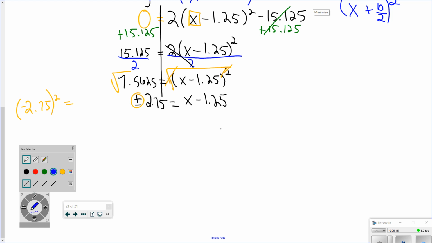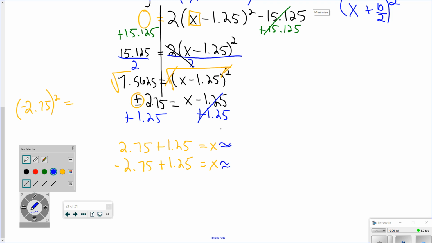All right, last step then is we're going to add 1.25 to both sides. When you do that, what you're doing is you're adding it to a positive 2.75 and a negative 2.75. So we will have two values for x, and that's because the parabola will cross the x-axis in two spots.